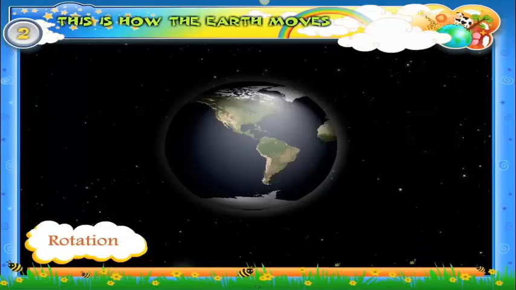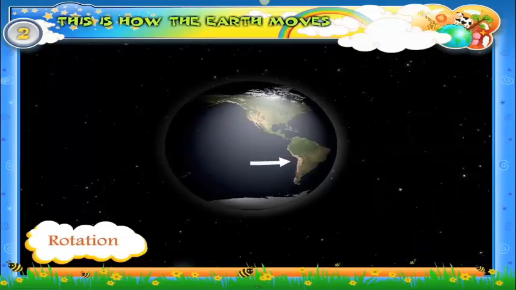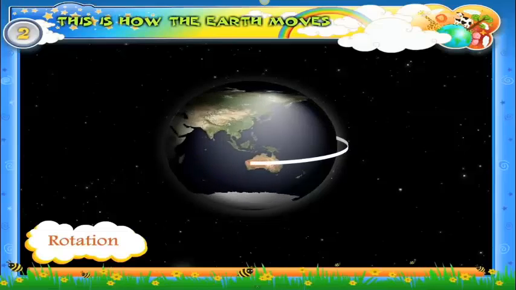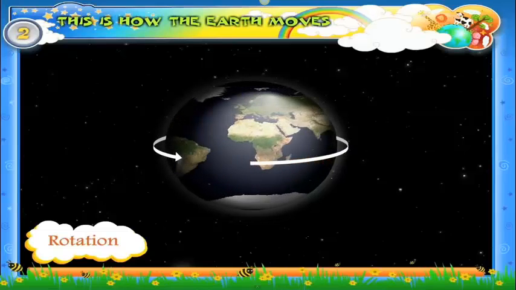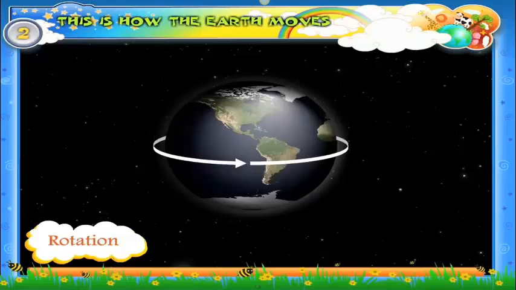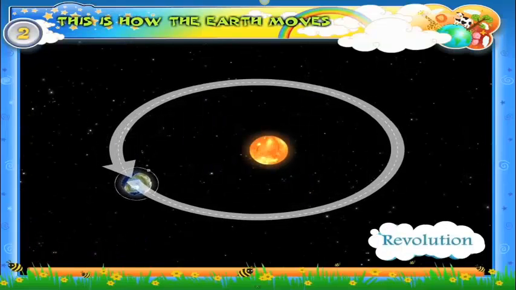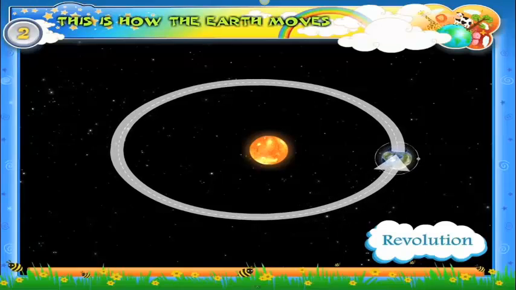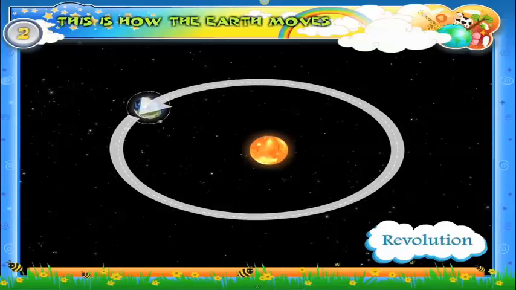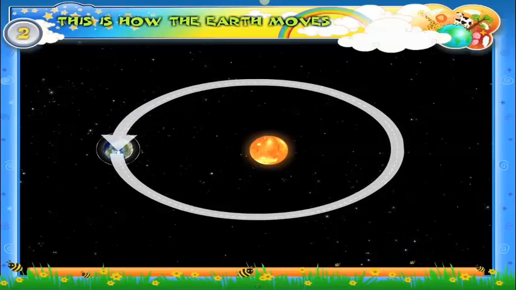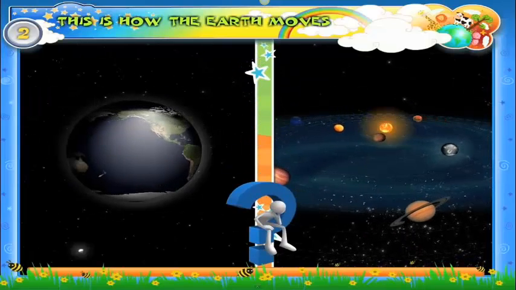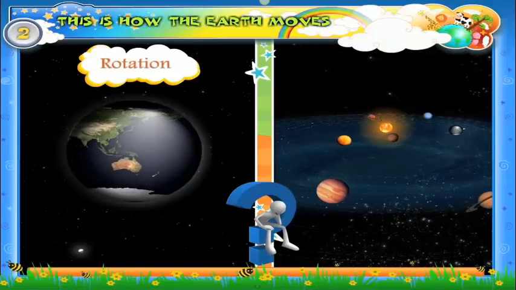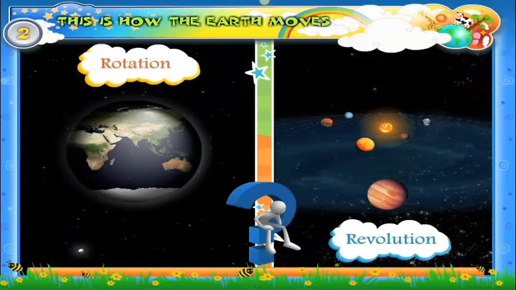Now let us carefully observe one complete rotation of the earth. Now we shall observe one complete revolution of the earth. Which of these movements takes less time? Rotation or revolution?